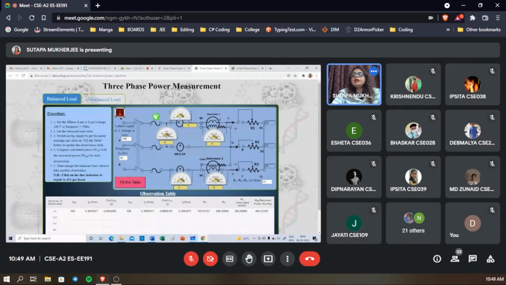If you add W1 and W2, it will give 400. And the total power is √3 VLIL cos phi, where phi is 0 and cos phi is 1. So √3 VL IL, with VL equal to 100 and IL 2.31, will give approx 400. So √3 VLIL and W1 plus W2 will give the same value.